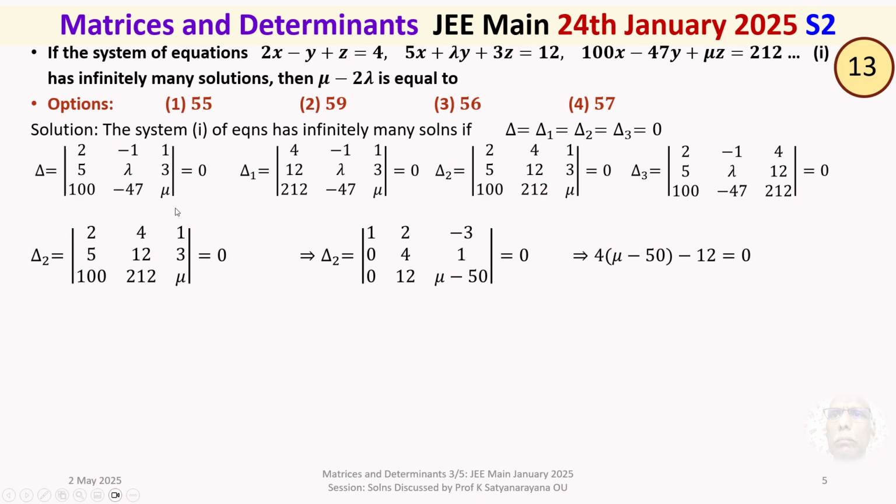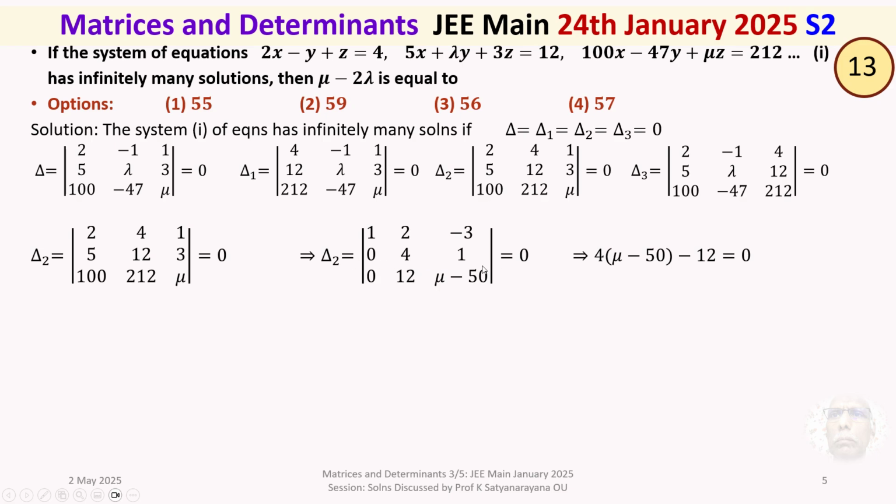So also in delta 1. But if I evaluate delta 2, we will get the equation in terms of mu. If I take delta 3, we get it in terms of lambda. Therefore, first we attack delta 2. So take delta 2 is equal to 0.